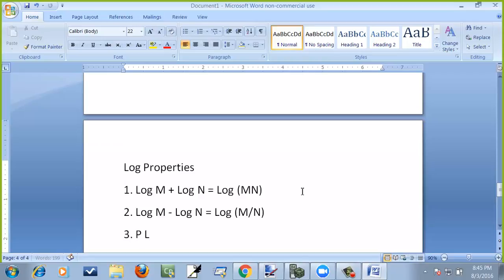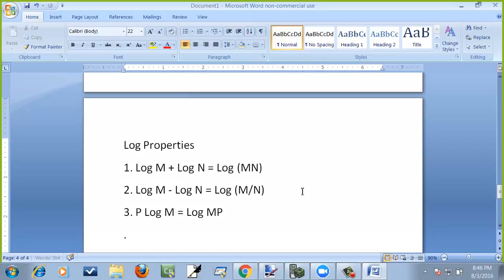If you have a number in front of your log, and that's typically a number, it doesn't have to be, it can be a variable, but if you have a number in front of your log, you can put that as your power. So addition becomes multiplication, subtraction becomes division, and then my power, or a number out in front becomes my power, and vice versa. You can go either direction.